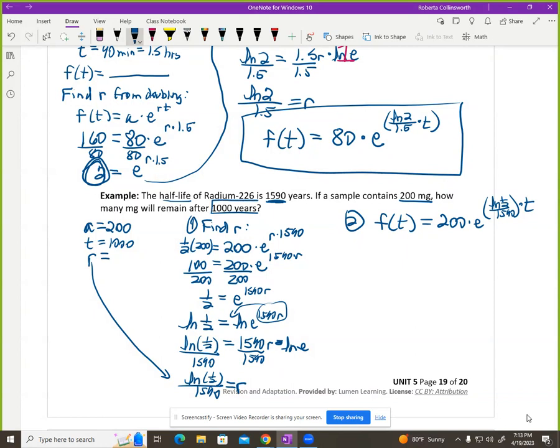And I want to know when t is 1,000. So I'm going to plug in 1,000. This looks absolutely horrible. That's all a number. All of this is a number.